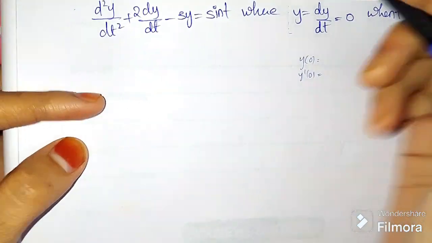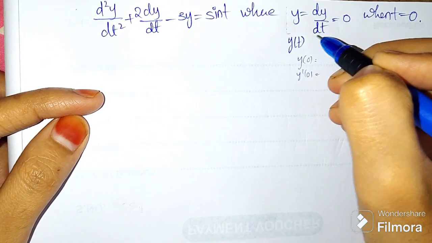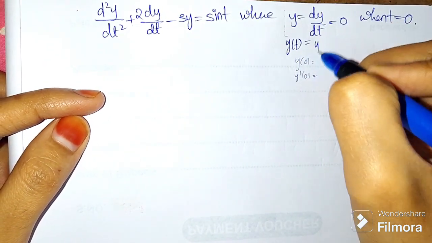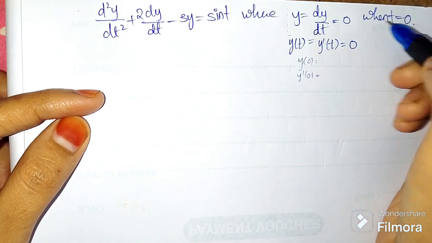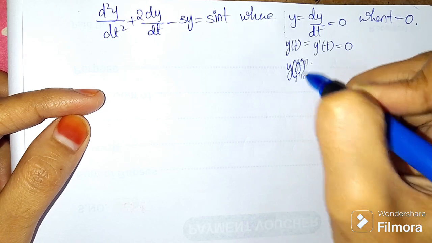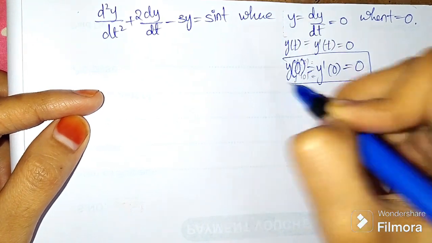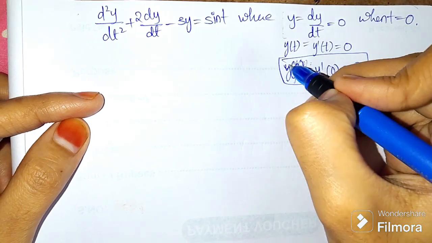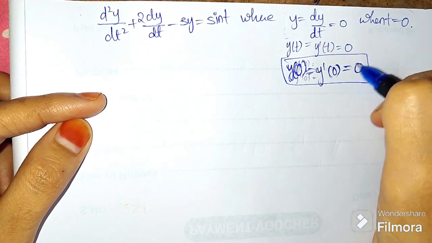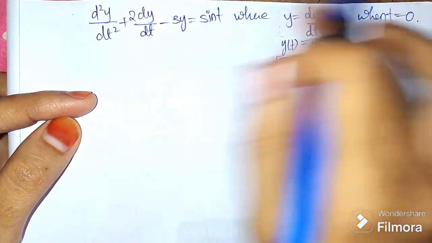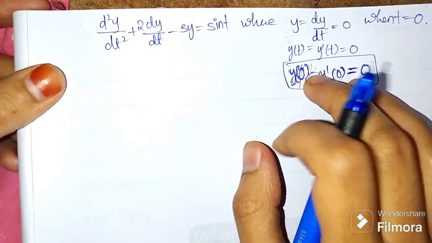That means y means y of t, and dy by dt means y dash of t is 0 when t is 0, so let me put 0 here in place of t. So indirectly they gave me that the y of 0 and y dash of 0 values are 0. You should understand that when you see this statement.